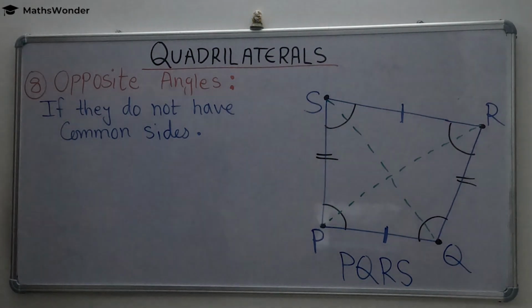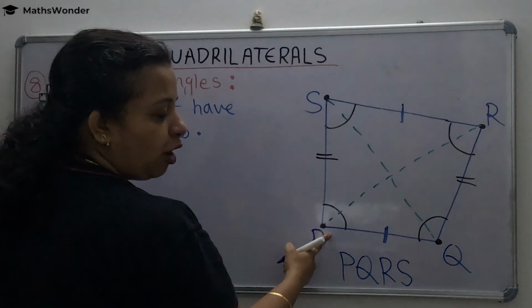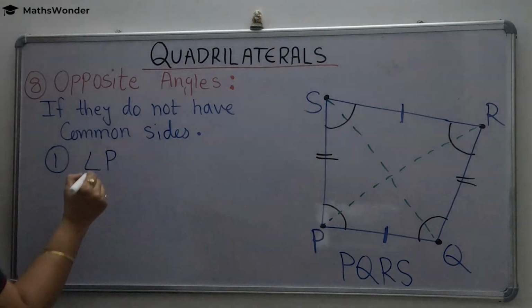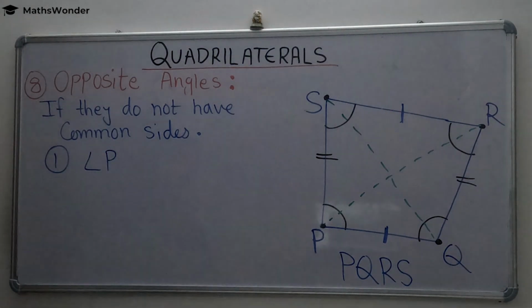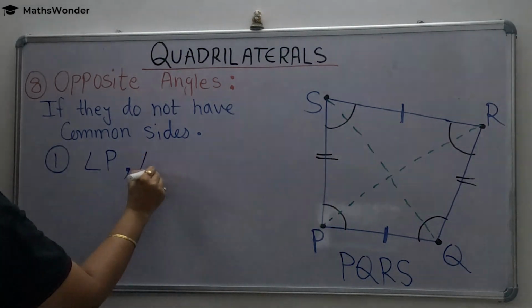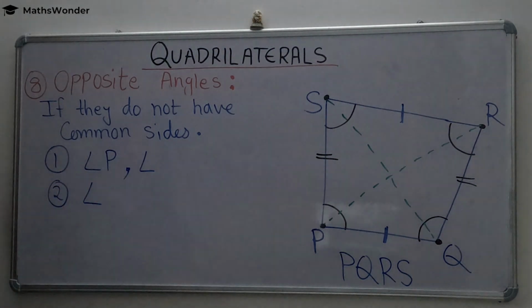For example, the two angles of the quadrilateral which do not have a common side are called opposite angles. How many pairs can we make of opposite angles? See, P. What is the opposite angle of P?